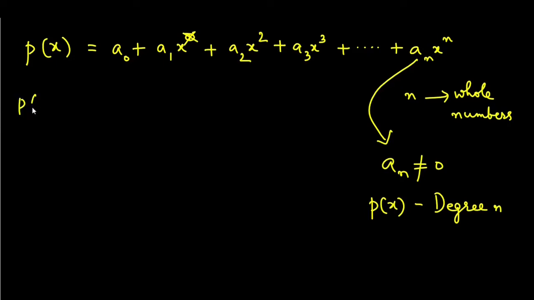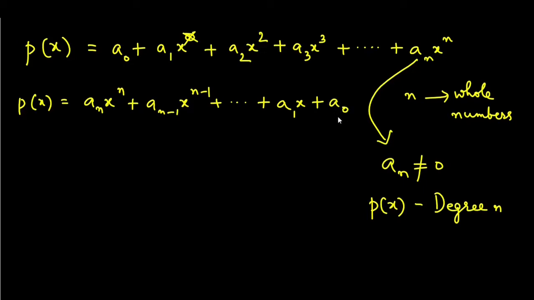So this can be written as an x power n plus the next one, an minus 1 x power n minus 1. Like this, it continues. We'll get a1 x plus a0. This is the constant. This is called standard form.